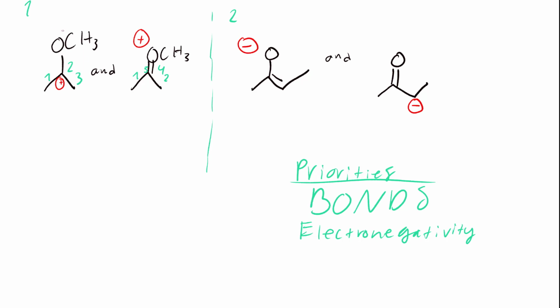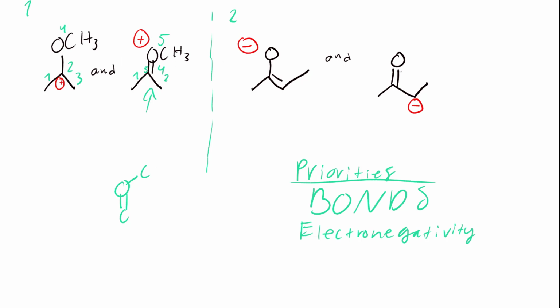Well, you could say 4 and then 5. But still, that's a lot of bonds, right? Because oxygen has this carbon attached to carbon. Anyways, this one has more bonds, right? That has more bonds, and therefore this would be the priority group. It would be that one, since we have more bonds.